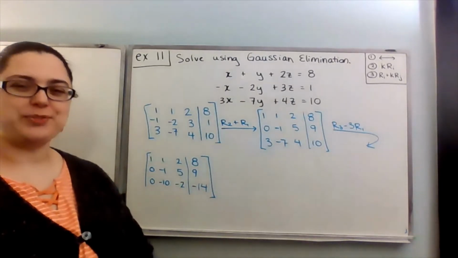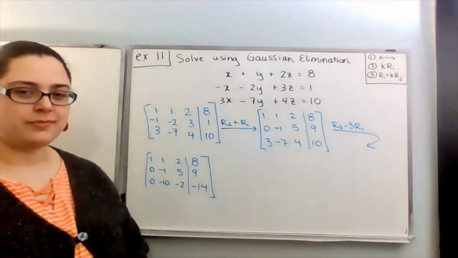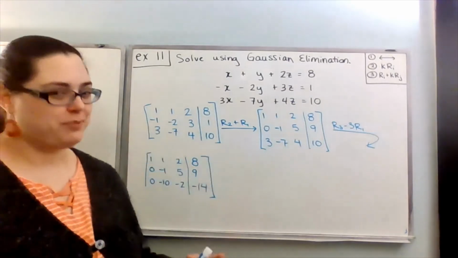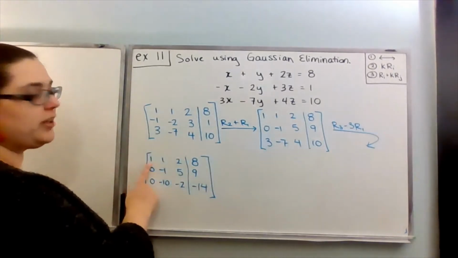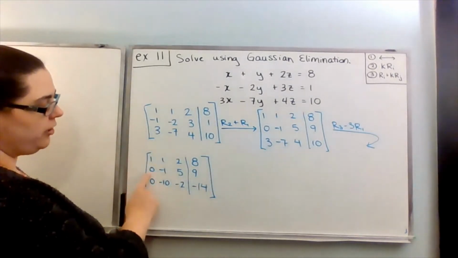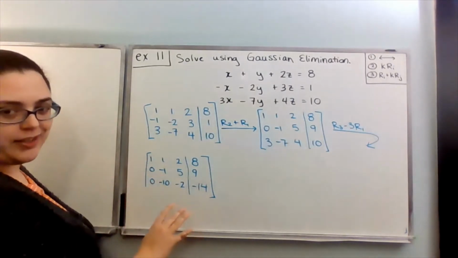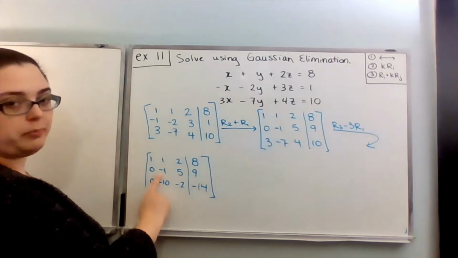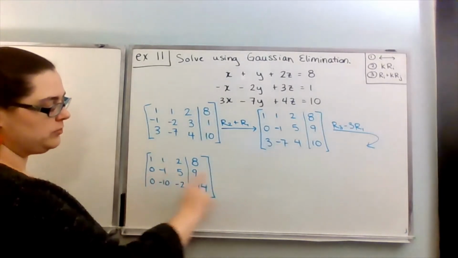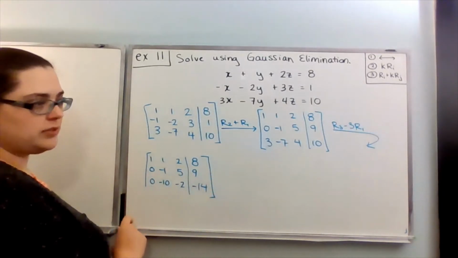Now what do we do after that? Right, we're going to repeat this process. We had a 1 in the top left-hand corner, so now we want to get a leading entry of 1 here. The easiest way I think to do this is to multiply this row by a -1. And then we'll be good to go.